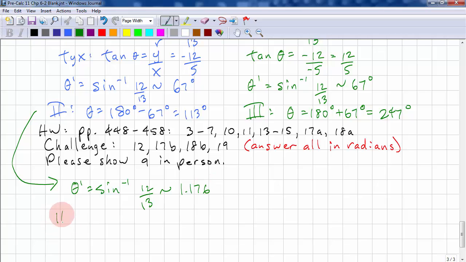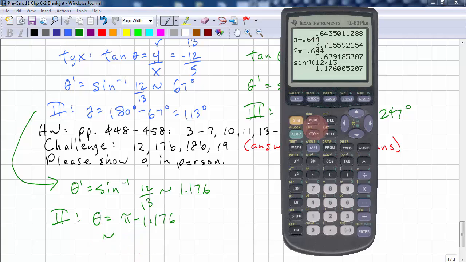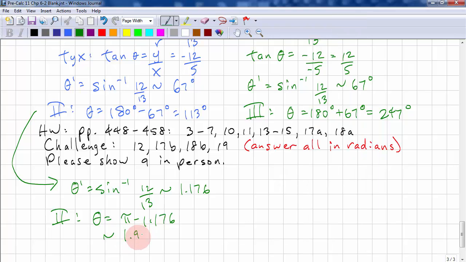So for quadrant 2, theta equals pi minus 1.176, and that's approximately 1.97.